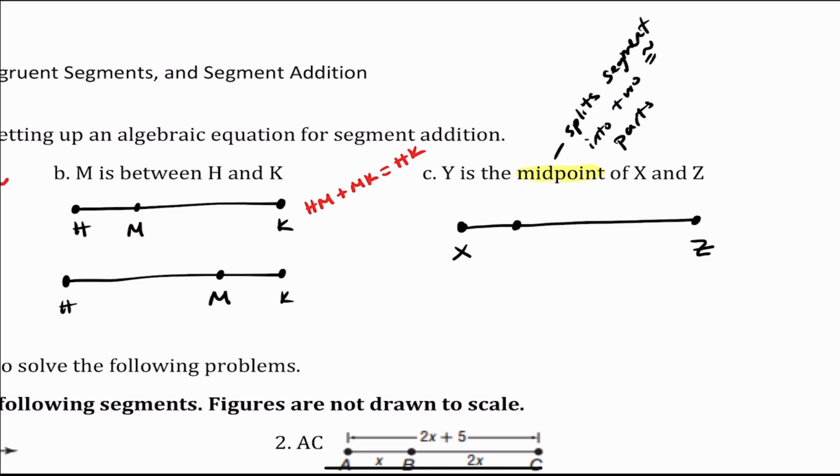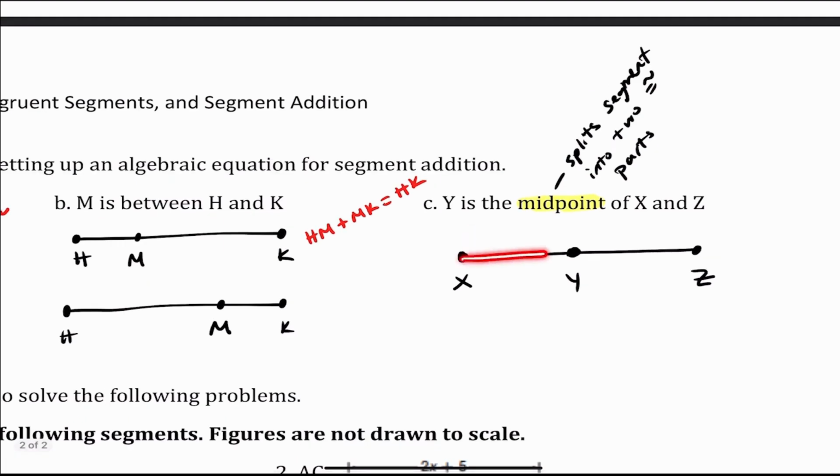So it can't be here and it can't be there. It has to be in the middle. So there's Y. So since Y is the midpoint, what's the result of that? Well, again, it splits the segment into two congruent parts. We can say that segment XY is congruent to segment YZ, or the measure of XY is equal to YZ.